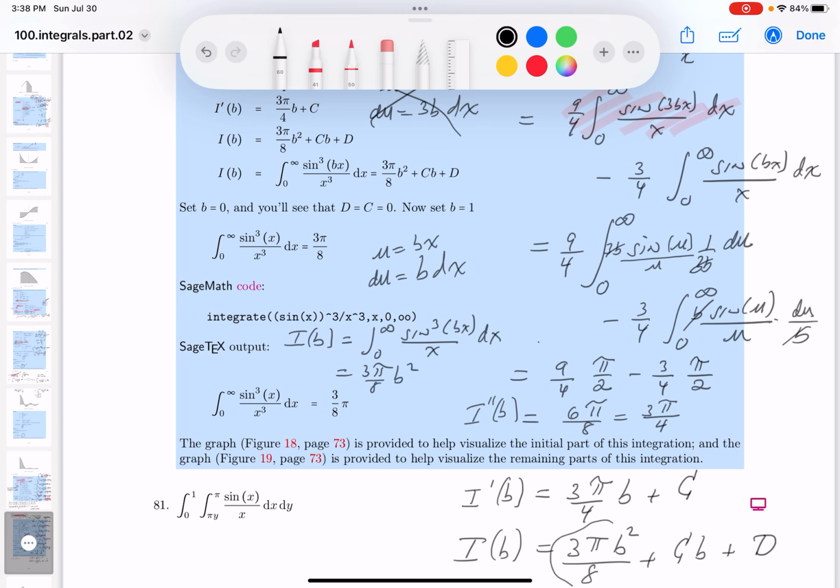I'm just copying this down over here, by the way. Plus big C times little b, plus d. It's all over the place, isn't it? So, what do I do?